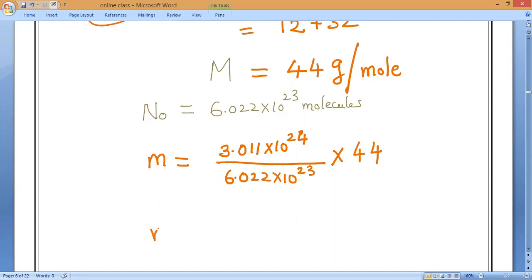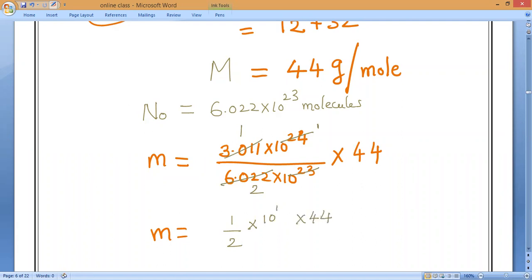So now M is equal to, you can see, 3.011 ones are 3.011, twos are 6.022, 10 power 23, 10 power 23 will get cancelled here. 10 power 1 is remaining. So now 1 by 2 into 10 power 1 into 44.